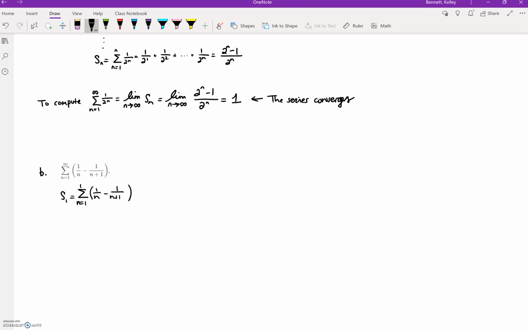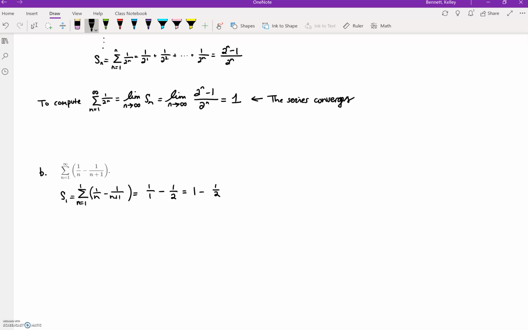So 1 over n minus 1 over n plus 1 is called the summand, and then the whole thing is the summation. So we're just going to take the first term, which is 1 over 1 minus 1 over 2. And this equals, I'm actually going to leave it like this. I'm going to write it as 1 minus 1/2, and you'll see why in a minute.